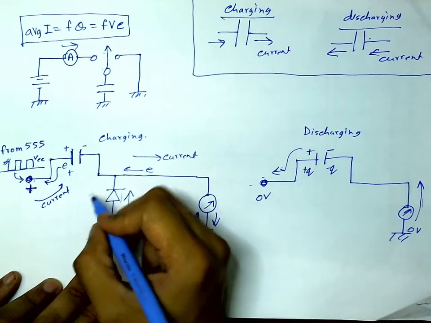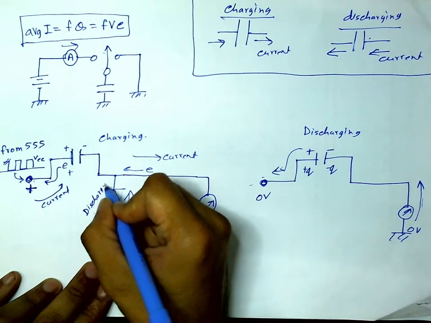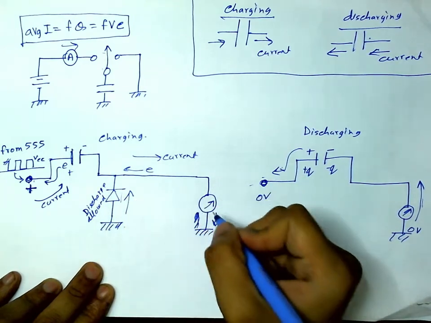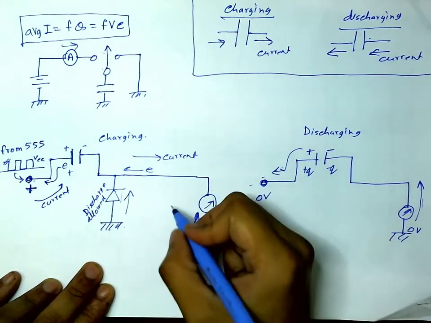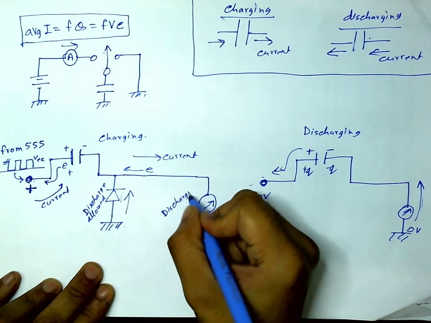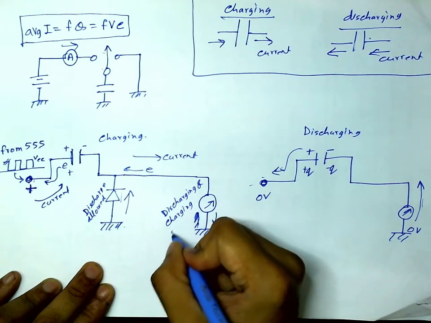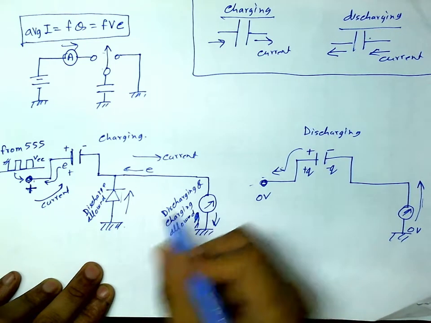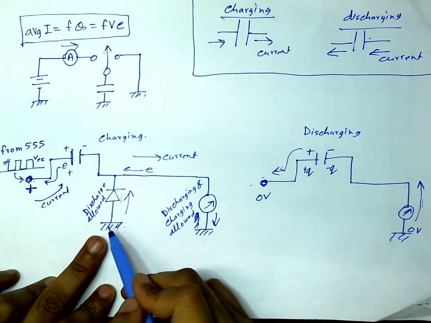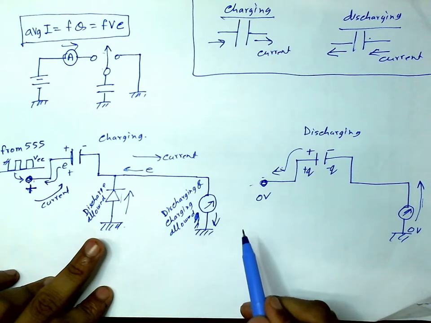So here discharge allowed, here now charging and discharging both allowed. So right now through this only discharging is allowed, but through this both discharging and charging are allowed.